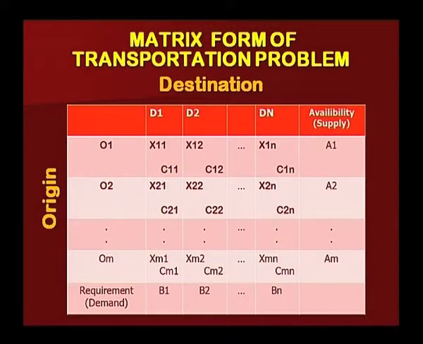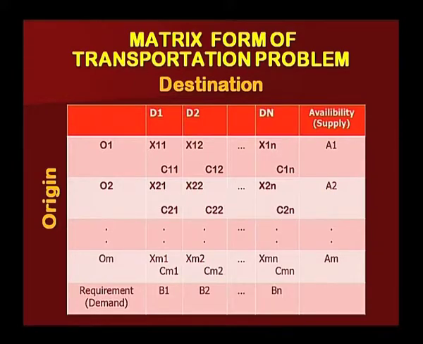The matrix form of the transportation problem is as shown in this table. The origins O1, O2, Om in the first column represent the resources, and the first row D1, D2, Dn represents the different destinations. Here in the main table, in any cell X and C are 2 entries. X represents the cost of the cell and C represents the allocation to the cell.